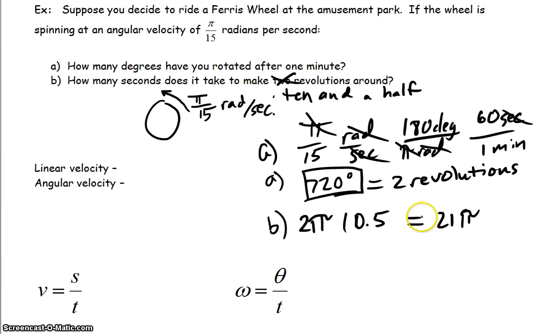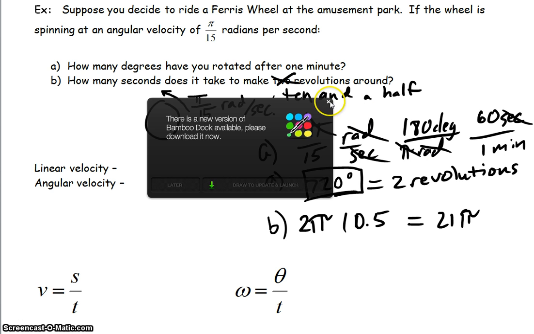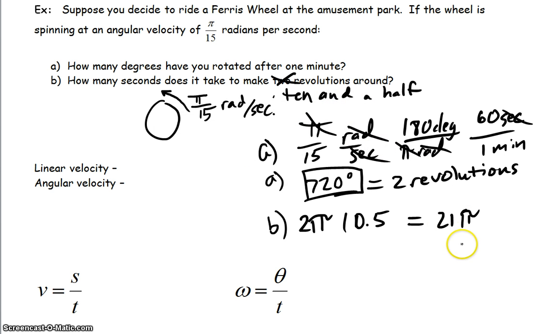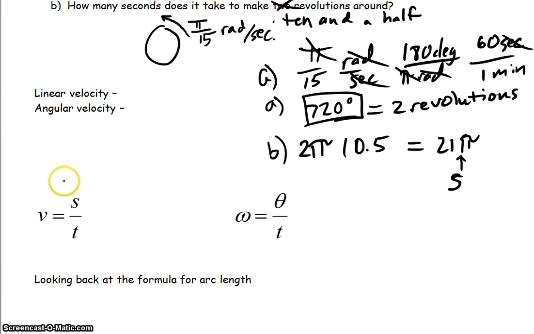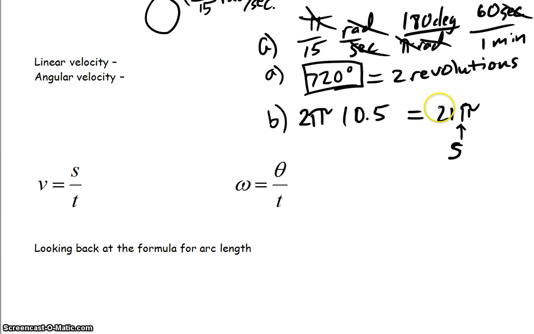We know that this is the distance that we want to travel. This is our arc length, or our angle that we're going to be using.